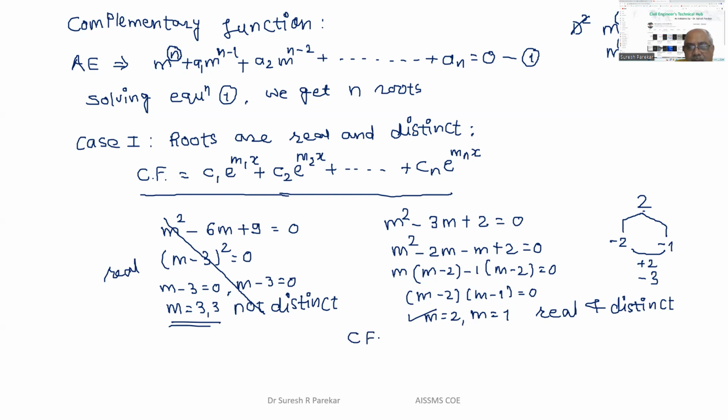We have complementary function equal to c1 e raised to m1x, and the m1 value is 1, so e raised to x, plus c2 e raised to 2x, since the m2 value is 2. This is our complementary function. So keep in mind my roots should be real and distinct, then I can write in this fashion. Now we have case 2.